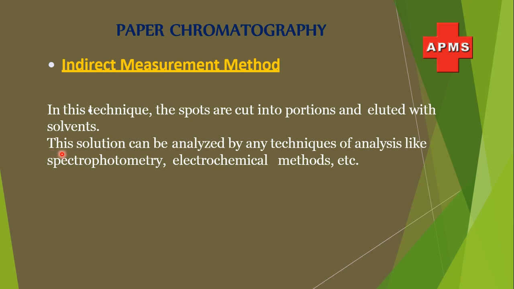So what we do, these different spots will be eluted or separated from the filter paper, and they go into the proper solvent, and the solution created by these spots can be analyzed by any technique of analysis like spectrophotometry, electrochemical methods, etc. So it is a very good indirect method, where we dissolve our sample components from the filter paper into a specific solvent.